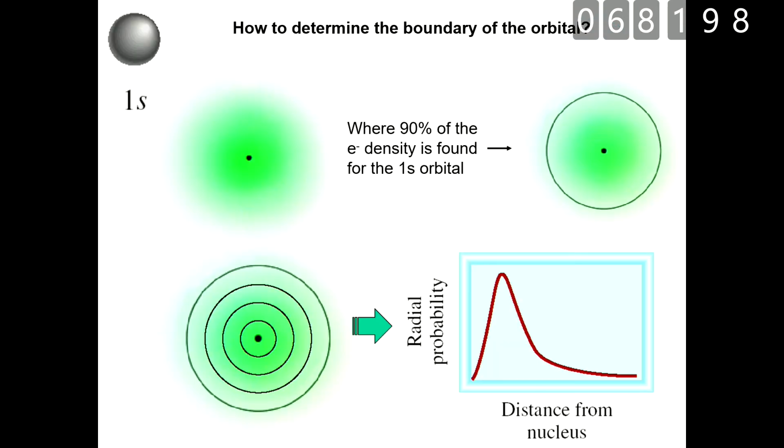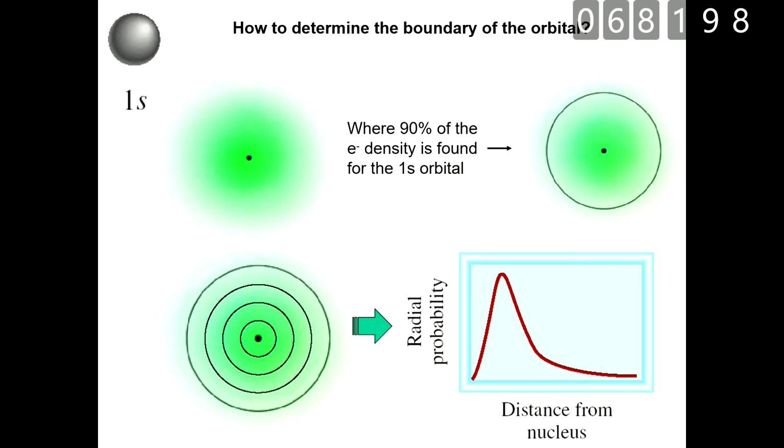Here this slide shows how to determine the boundary of the orbital. For example, if it is 1s and there is only one electron in here, it can move in this area. This is called the electron cloud. But how do we determine the boundary of the orbital? Basically, we take where 90% of the electron density is found for the 1s orbital.